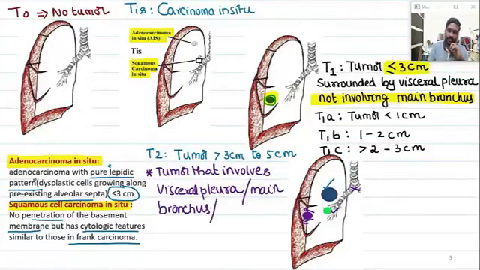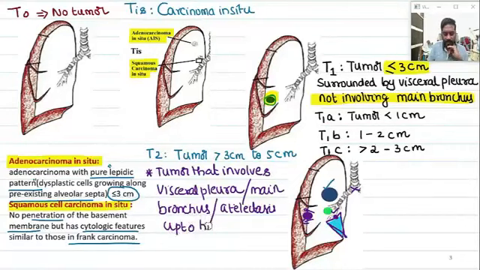Also it can occlude a bronchus and cause lung collapse or atelectasis up to the level of hilum. So there can be a tumor involving a bronchus. The bronchus is closed, so because of that there can be a collapse, and it can extend up to hilum.